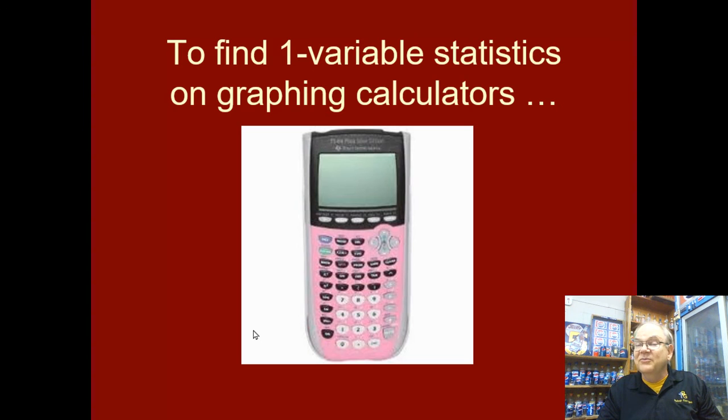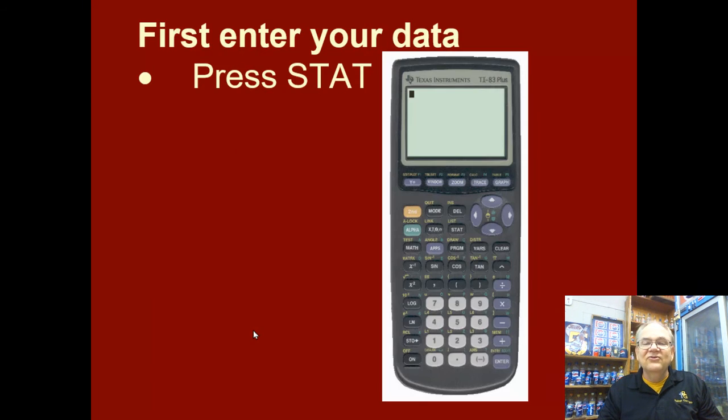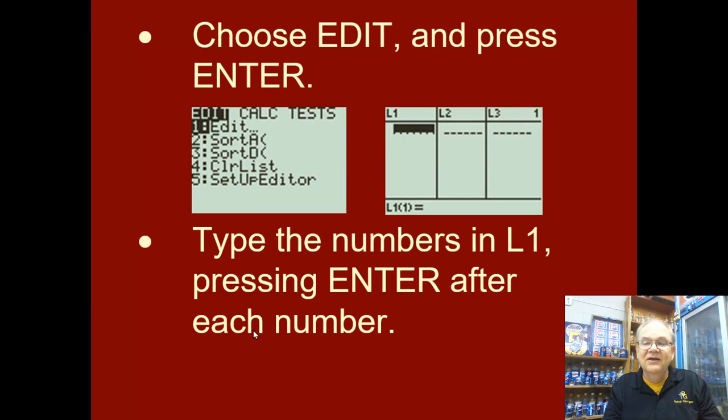Now, I actually talked about part of this last time when we were going through how you can sort data, but we're going to talk first of all about entering data. And to do that, you first of all want to hit Stat on your calculator. Stat's right next to the arrow keys, and it gets you into statistics mode. Once you're in stat mode, you want to choose edit and you want to go to L1.